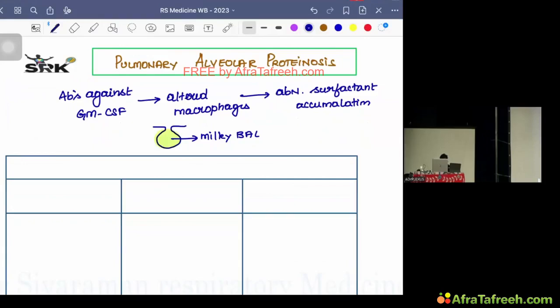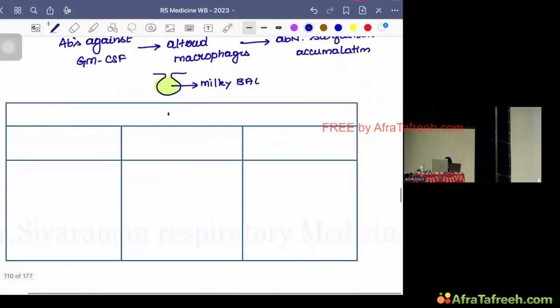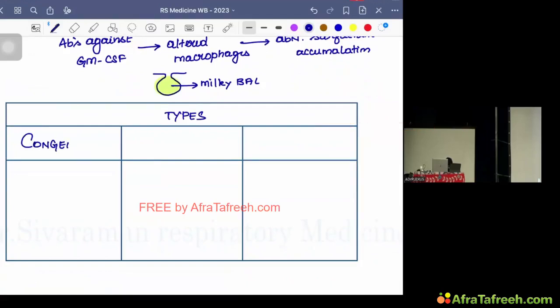This condition can be divided into 3 types. The first one is congenital PAP, the second one is acquired PAP, and the third one is secondary PAP.